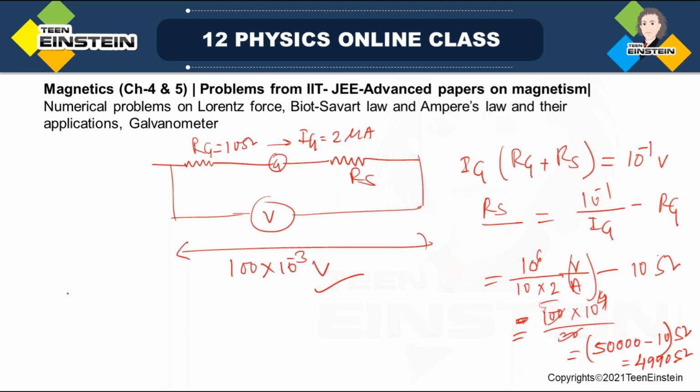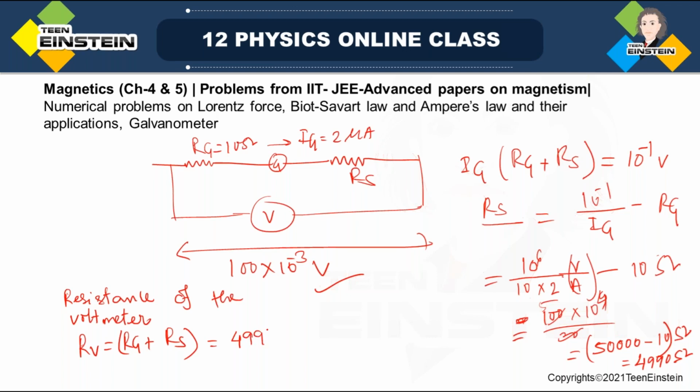So what is the resistance of the voltmeter? The resistance of the voltmeter is Rg plus Rs, so this is 49,990 plus 10 ohm, which is 50,000 ohm.